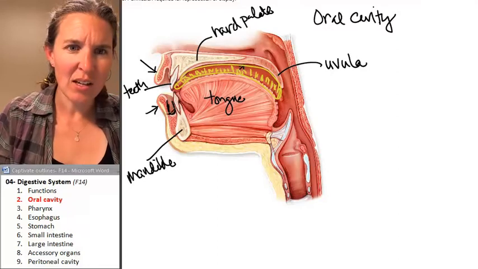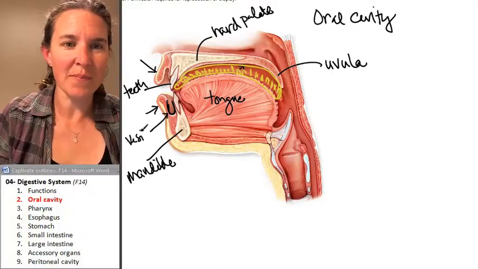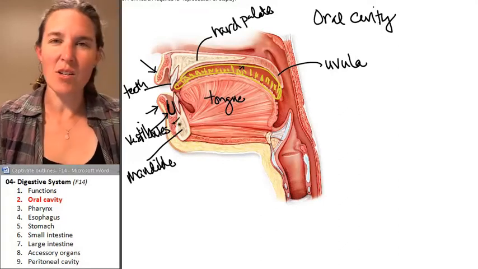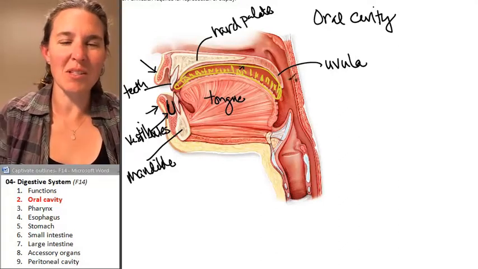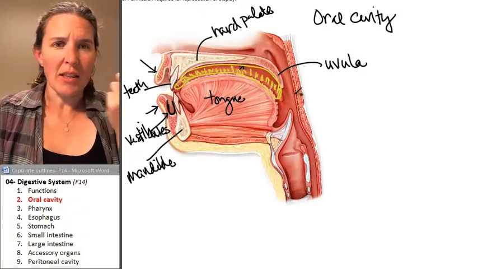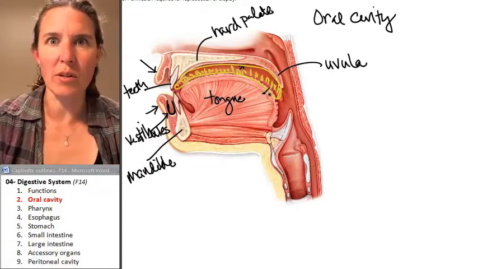You will see that we actually have lots of different vestibules. As we proceed, we will see more vestibules. This is where we're focusing.